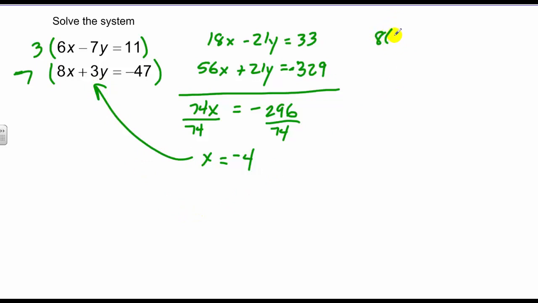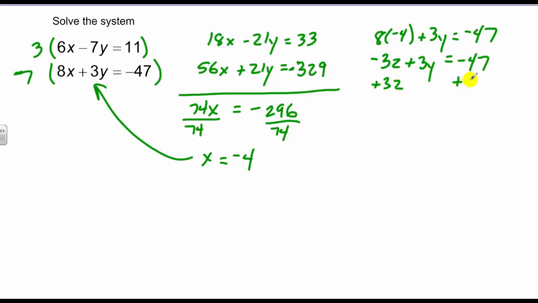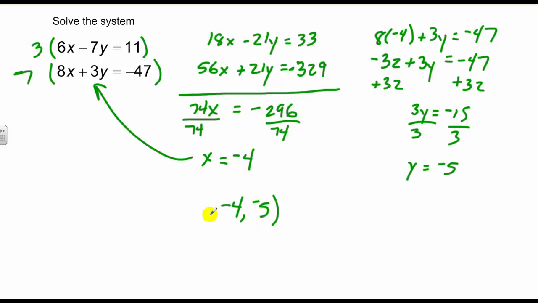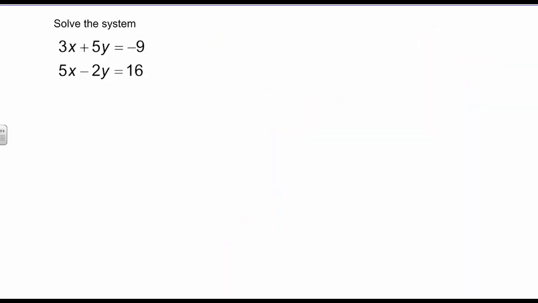That's 8 times negative 4 plus 3y equals negative 47. Negative 32 plus 3y equals negative 47. Add 32, get 3y is equal to negative 15. Divide by 3 on both sides and get y is equal to negative 5. Therefore, I've got an ordered pair of negative 4 and negative 5.